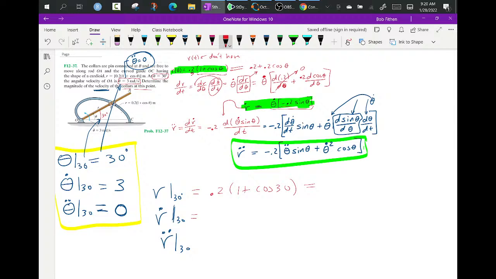Then this one's kind of hidden very quietly there, but it is minus 0.2, and that's what I'm grabbing right here. Minus 0.2 times theta dot. I think I'm going to do it symbolically first. Then minus 0.2 theta dot, I can just grab and stick right there.